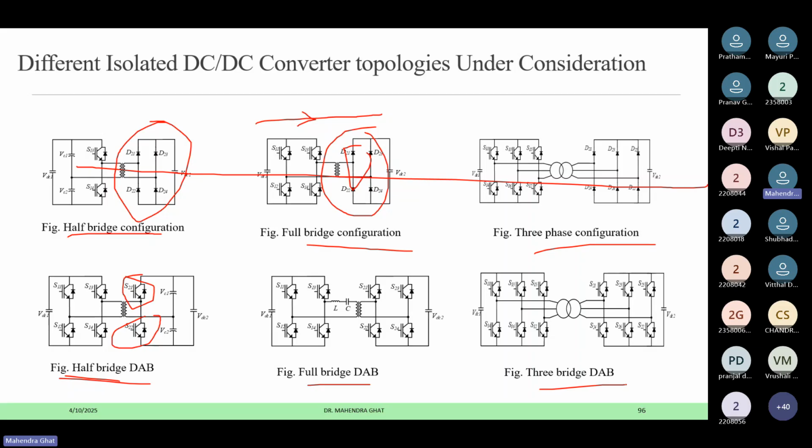Again, for MOSFETs, I can use SI MOSFET, SiC MOSFET, GaN MOSFET. Which MOSFET do I have to use? That criteria again comes. Current rating wise, which one is good, which switching frequency I have to use, and what magnetics I can get with that. All these different criteria come into the picture when you start designing any converter.